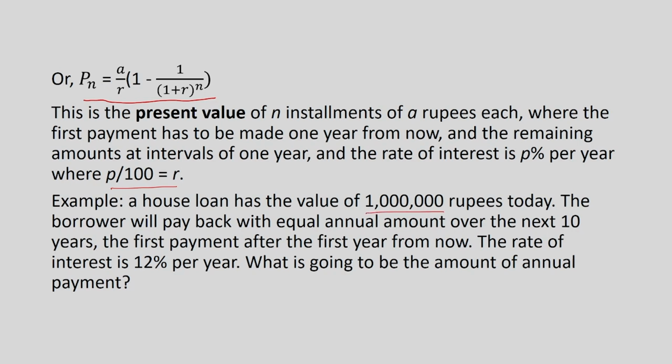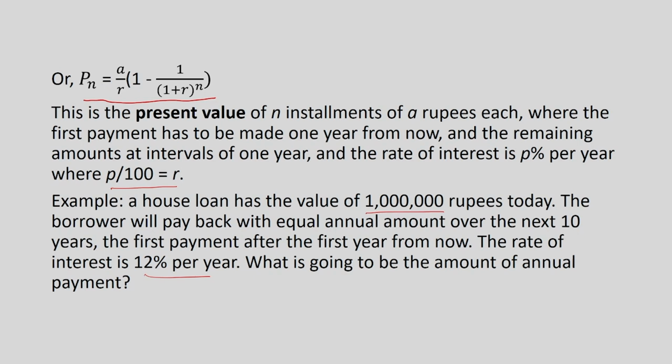So, a person has taken a loan from the bank 1 million rupees, that is 10 lakh rupees today, and this borrower will pay back with equal amount annually over the next 10 years. The first payment after the first year from now. The rate of interest is 12% per annum. What is going to be the amount of annual payment?